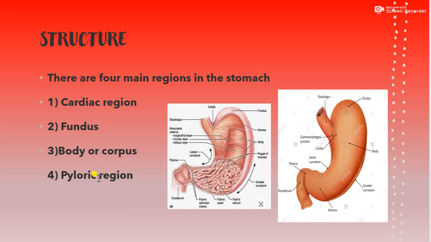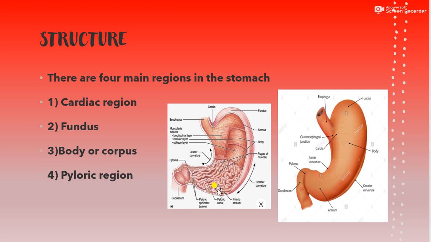Now we see the fourth part of the stomach, the pyloric region. Look at this. This portion is the pyloric region. This pyloric region has two parts, that is antrum and pyloric canal.